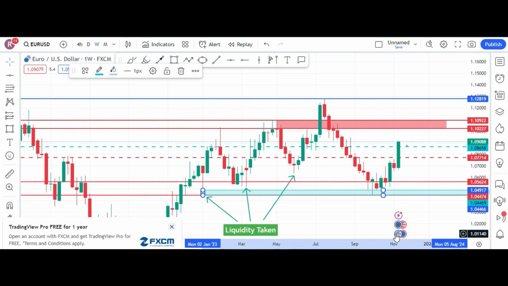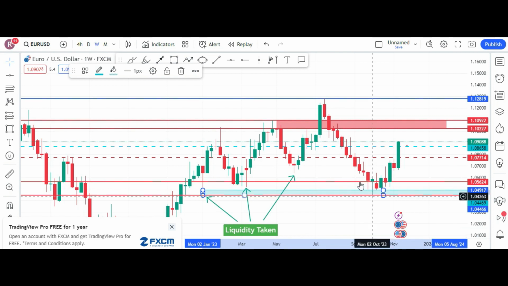The more we go to the lower time frame, the more we go away from the main market structure to the inner, mini or micro structure.